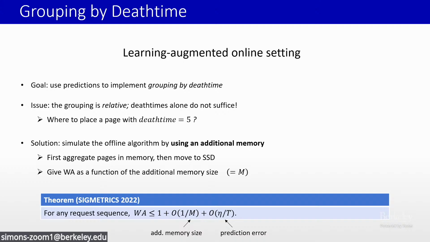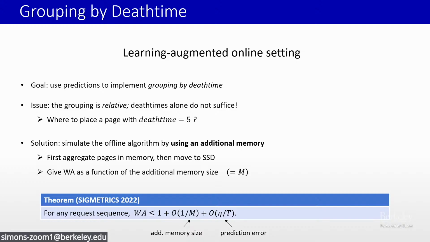So the way we come around this is having an additional memory, a non-SSD memory, where we simulate the offline algorithm over there, not the whole offline algorithm, just the part that we need for the extra information.